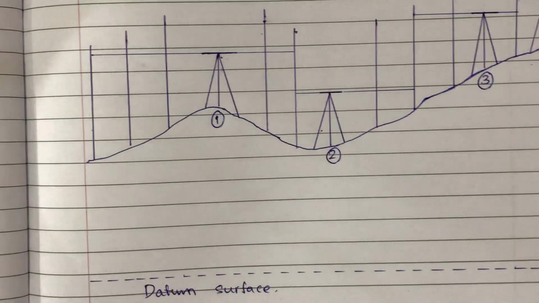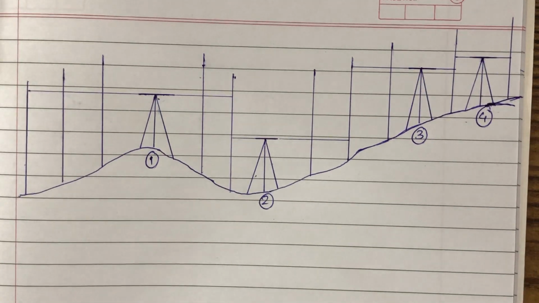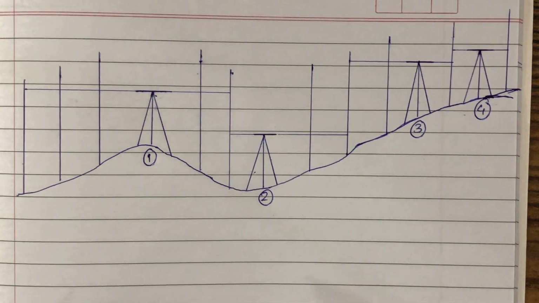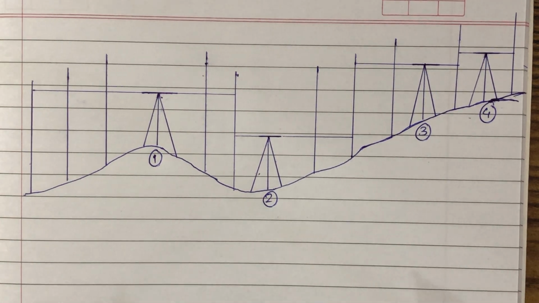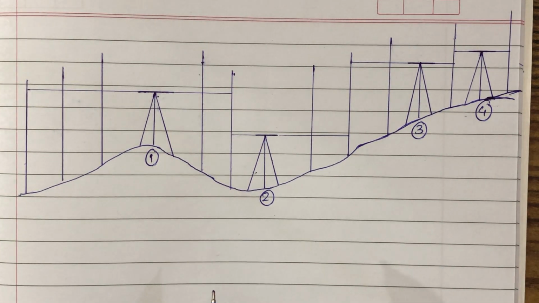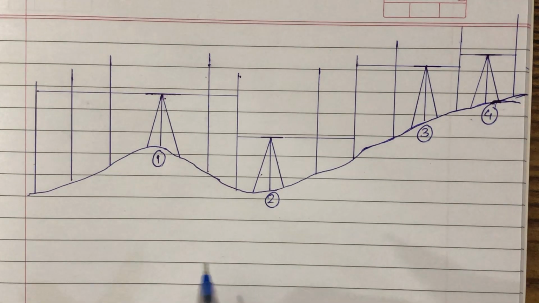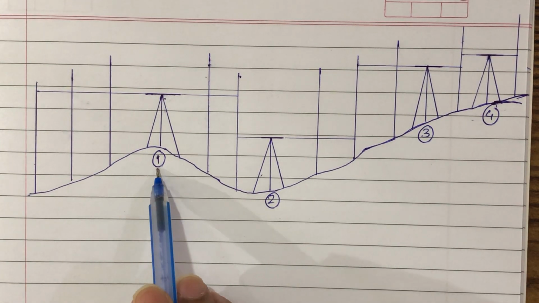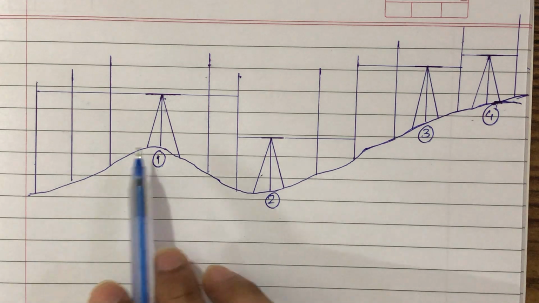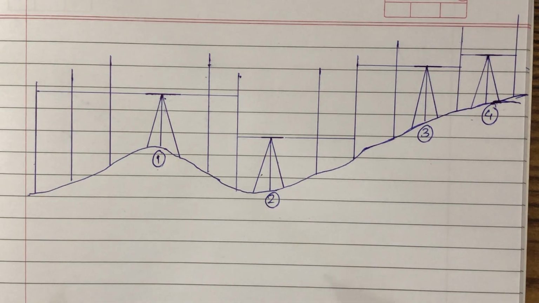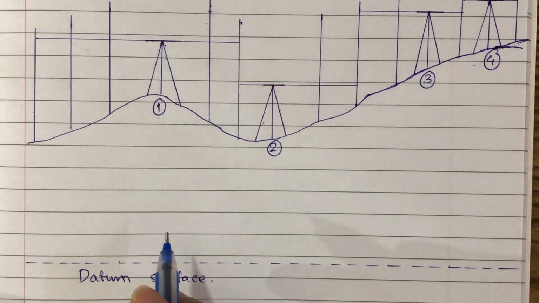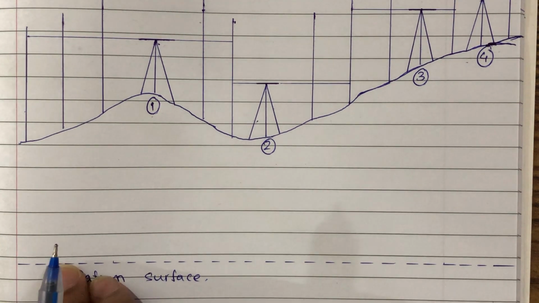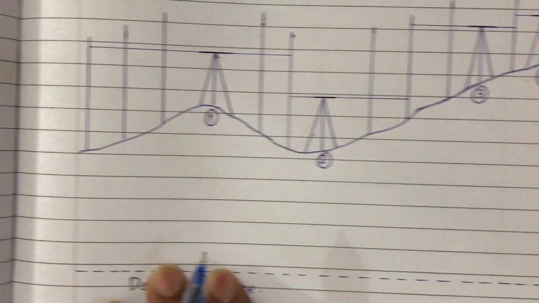Now a figure has been made over here, based on the problem that I read. Based on this figure, the instrument was placed at these positions 1, 2, 3 and 4. These are the instrument positions. Different readings were taken.